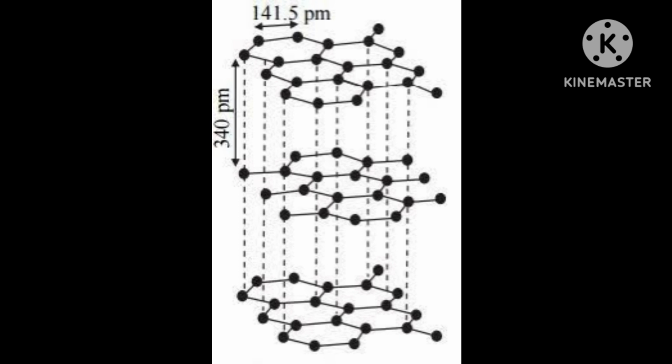Then you can understand that if angles differ, suppose two sides are the same and the third is not, or the rest are not the same, two angles are the same and others differ, then they can make possibilities for many structures. These things you have to consider.